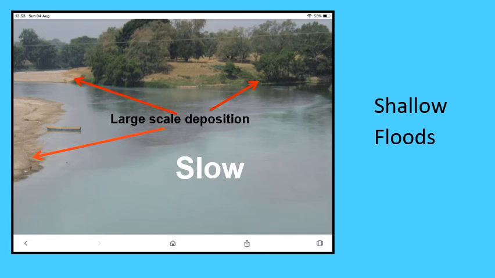And therefore, in the old stage of the river, there is large-scale deposition. Very little erosion takes place, hardly any. The river just lacks so much energy that as the velocity of the river decreases and as this river flows slowly, it deposits more and more silt and alluvium.